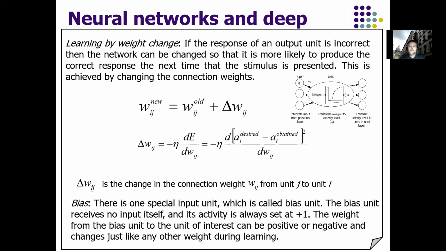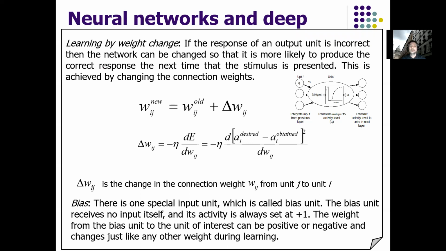Learning usually is represented by this kind of formula where we have the new weight, it's equal to the old weight plus some kind of correction. Depending on the way we are going to calculate this correction to the weights, different training algorithms can be derived. And one of the most popular approaches is what you see in this slide, which is the negative of the gradient of the error with respect to each one of the weights.